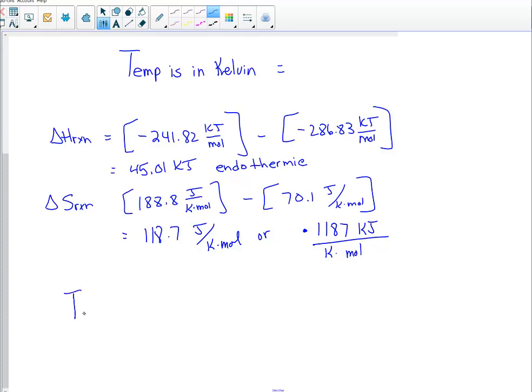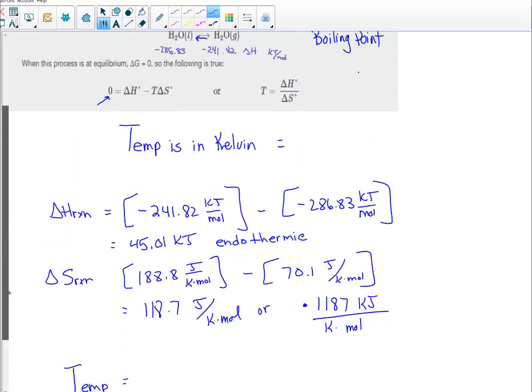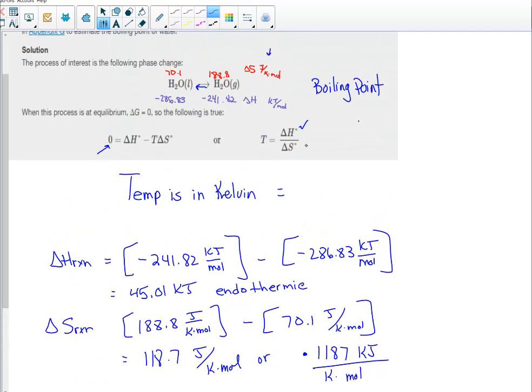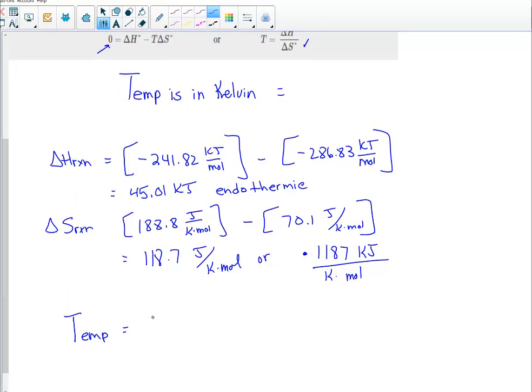The temperature, which is what we're solving for: what is the boiling point approximately of water? We saw this formula. Do you remember? Enthalpy over entropy. So delta H is the bigger factor. 45.01 kilojoules per mole set over 0.1187 kilojoules per Kelvin mole.